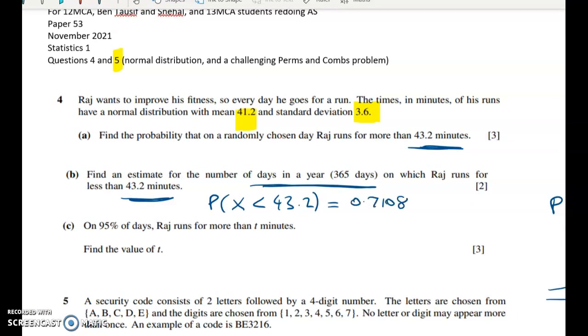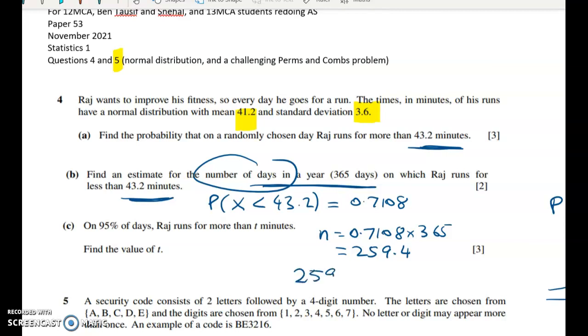So the number that we want is going to be, N will be 0.7108 times 365. Now that gives me 259.4, but that does not make sense as an answer in this context. So we want to find the number of days, so we would say 259 days on which he runs for less than 43.2 minutes.